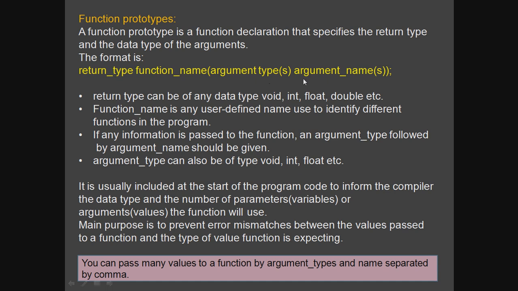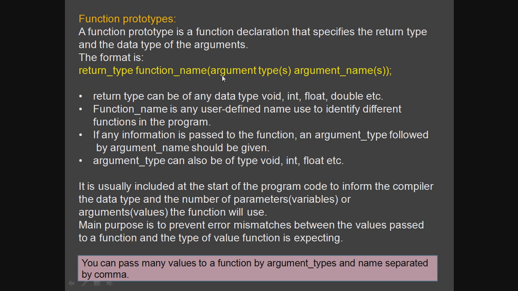Clear? One thing that you need to know about the function prototype is that you can pass many values to a function by giving argument types and names separated by commas. Clear? So you may declare two variables here, int a and int b, separated by a comma, like int a comma int b. That means you are passing the variables int a and int b, separated by commas, to this function.